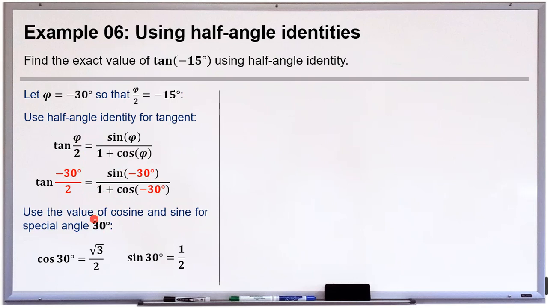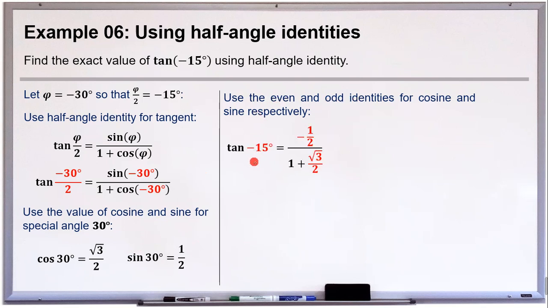Now use the value of cosine and sine for the special angle 30 degrees. So for cosine 30, that's square root of 3 over 2. Then for sine of 30 degrees, that's 1 half. Next, aside from these values, we're going to use the even and odd identities for both cosine and sine respectively, so that the tangent of, again, negative 30 over 2, that's negative 15 degrees, is equal to, for sine negative 30 degrees, the negative of sine of 30.